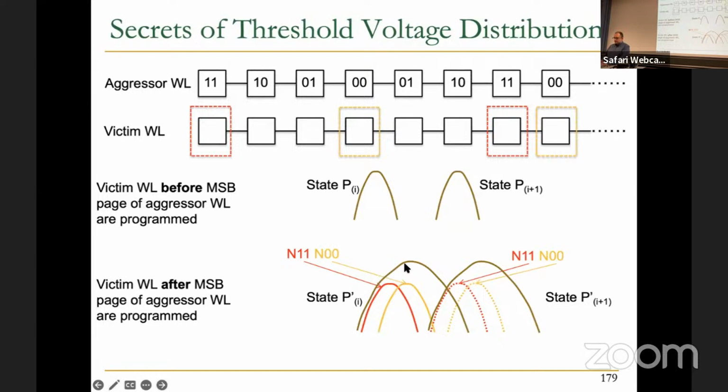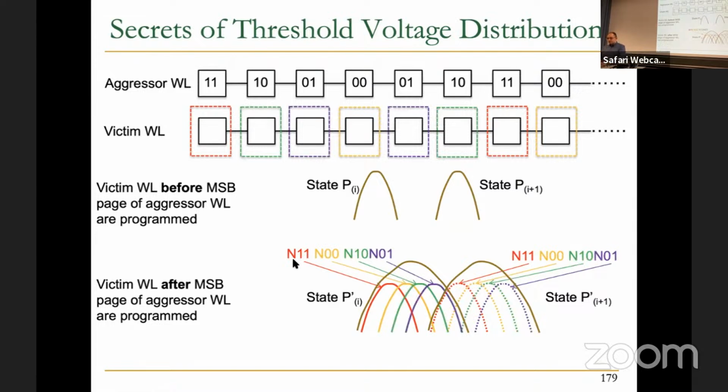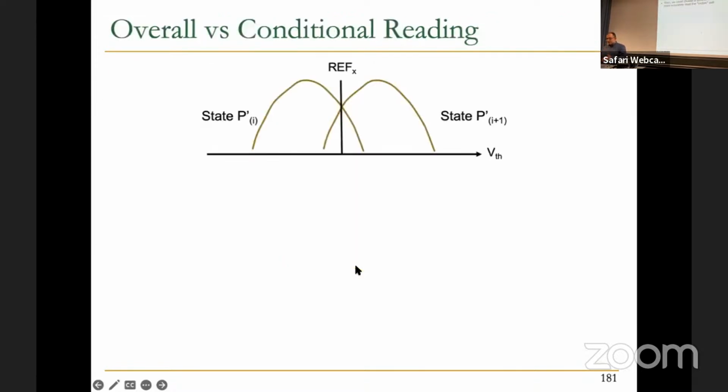And for 0, 0 it is the yellow one, 1, 0 is the green one, and that's the purple one. So now you can have different reference voltages. Instead of having only one reference voltage, based on the neighboring value, like the conditional reading, you can set different reference voltages. And with that, you can hopefully read without any errors.